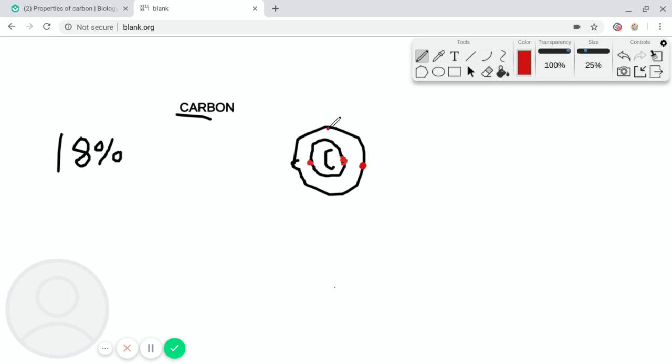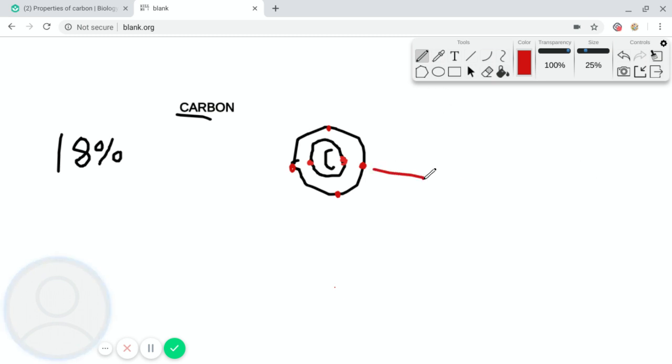So, yeah, and it has 4 valence electrons. So it can form 4 bonds. Count them, 4 with other atoms. So, yes, very special. And this is why it's so strong, because it can form double bonds where I think it shares 2 of its electrons with something.